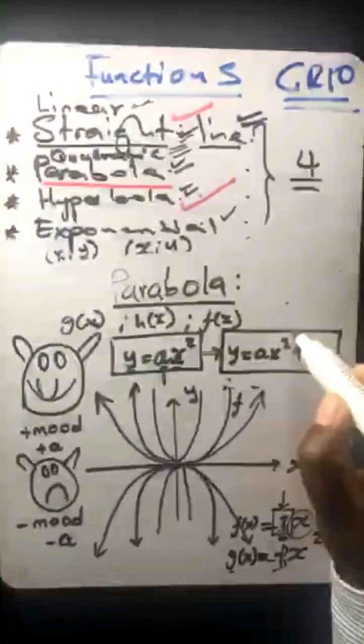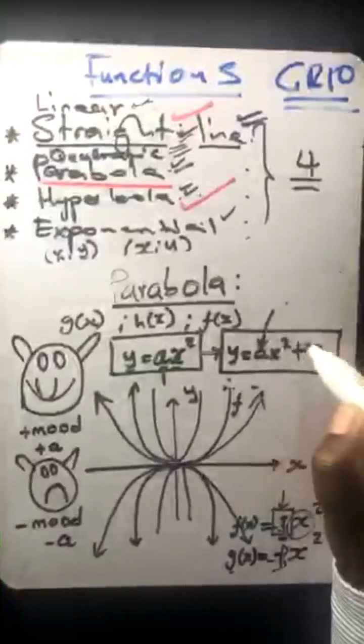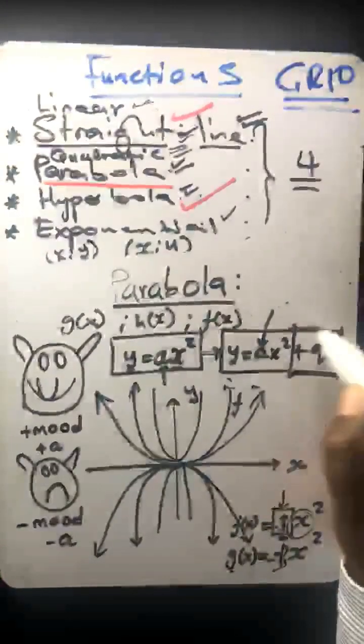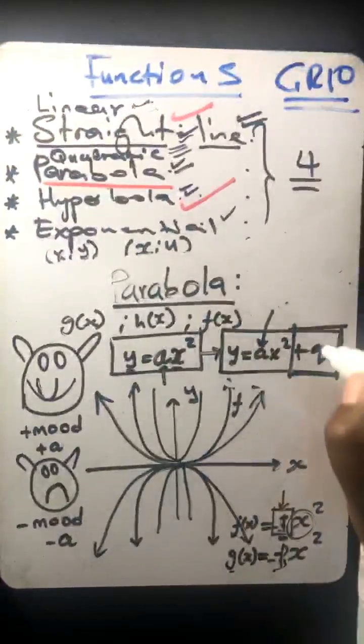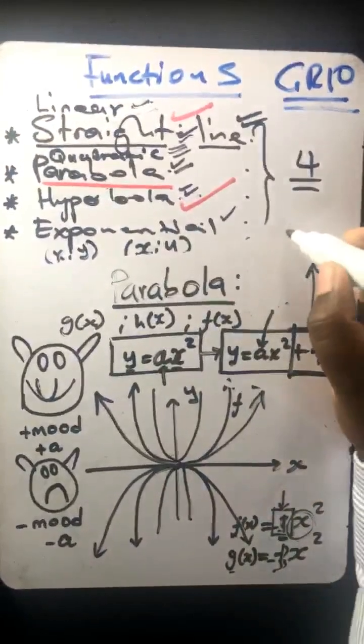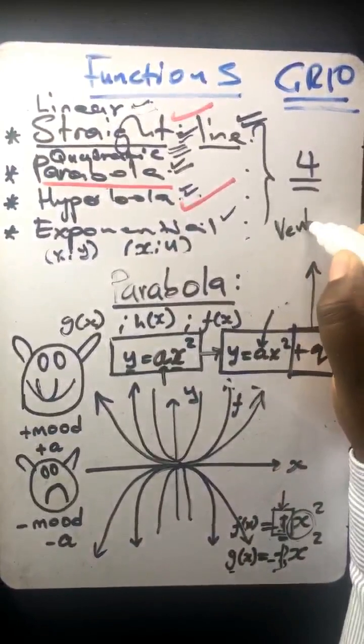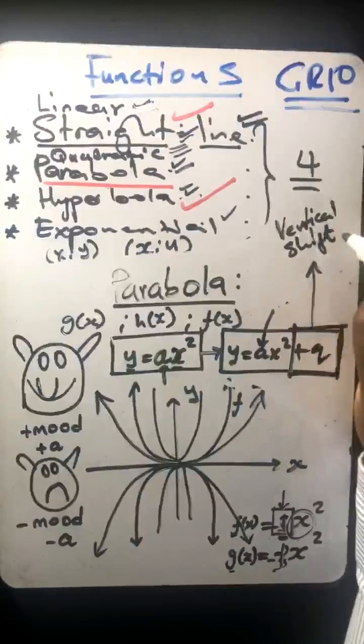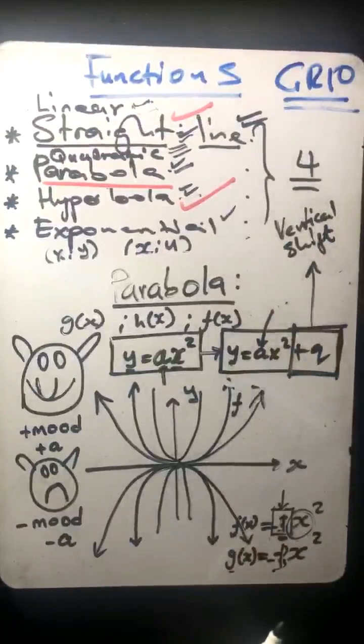So now I've just explained what the impact of A is. Now I want to explain what the impact of Q is. At all times, just know that Q refers to the vertical shift.